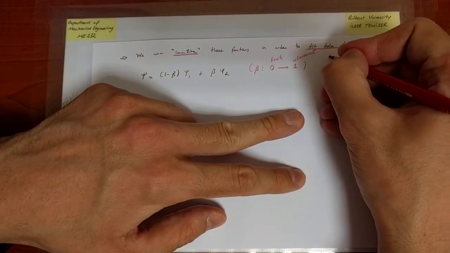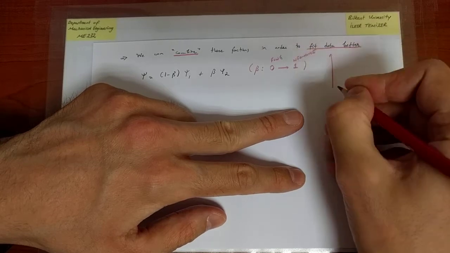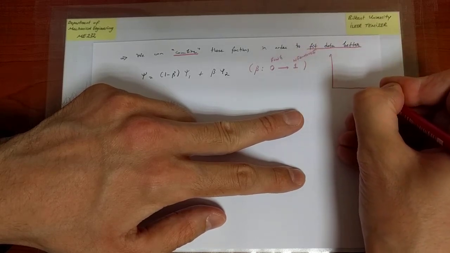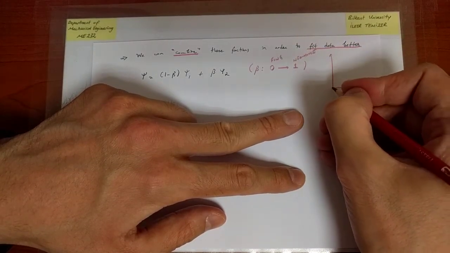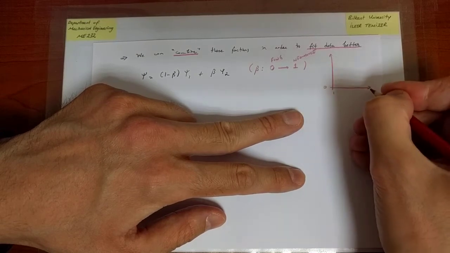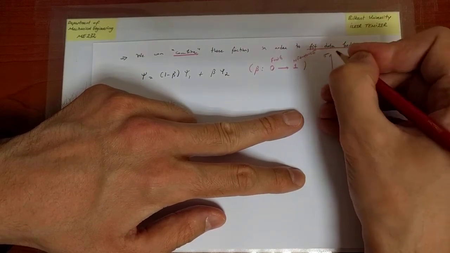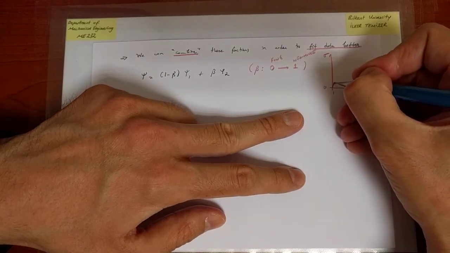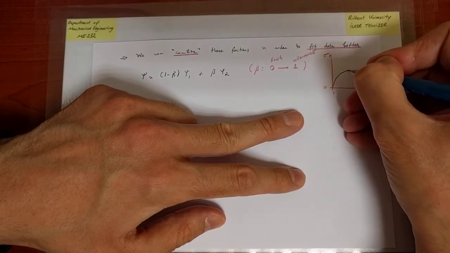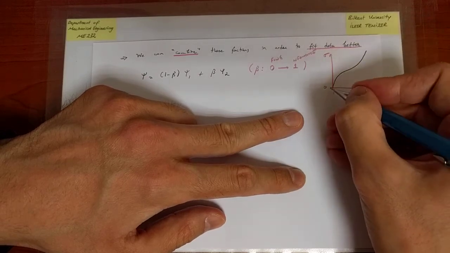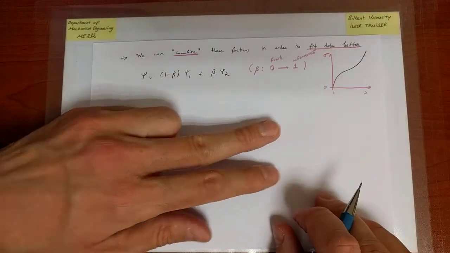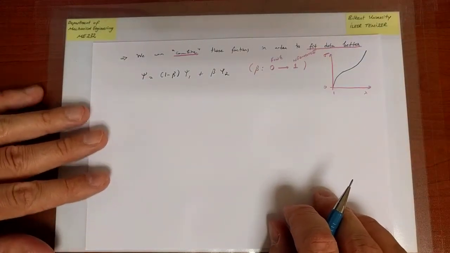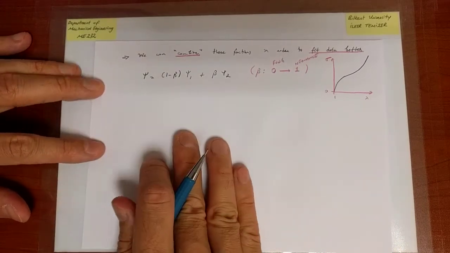In particular, my behavior does not need to have a slope that constantly increases or constantly decreases anymore. I can have a stress-stretch behavior that might look like this, initially with a decreasing slope and ultimately with an increasing slope. So that's the way I'm going to do it.